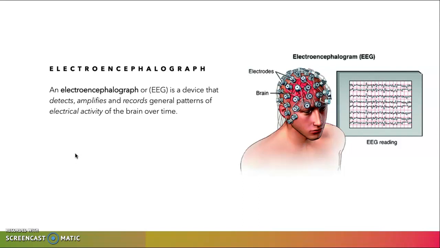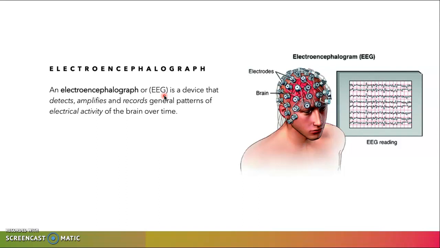Now you need to know this definition. An electroencephalograph, or EEG, is a device that detects, amplifies, and records patterns of electrical activity over time. Most important part of this, you never write EEG without writing electroencephalograph first and then putting EEG in brackets.